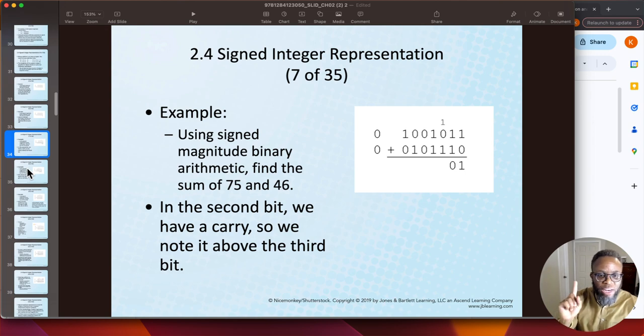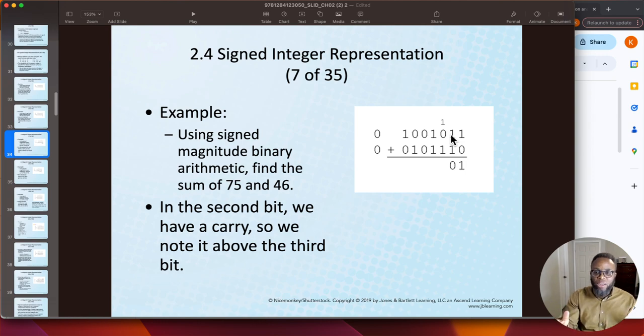And that carry bit is very significant, because if the number of bits that the computer has available to store the result is not wide enough, there's a problem. Let's say there are 1, 2, 3, 4, 5, 6, 7 bits of information here, and we're storing 7 bits.